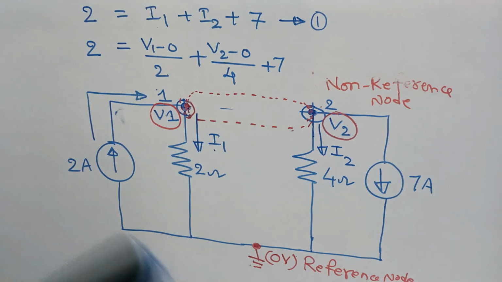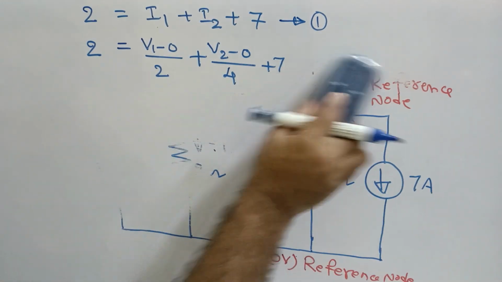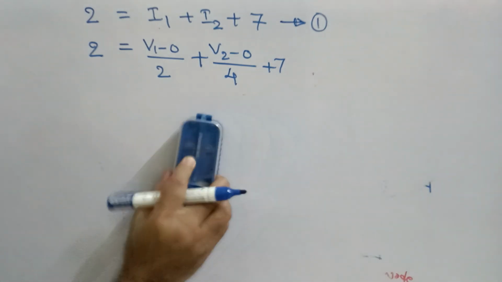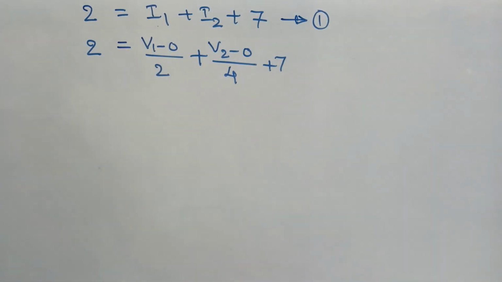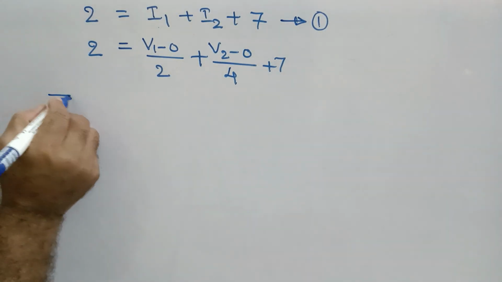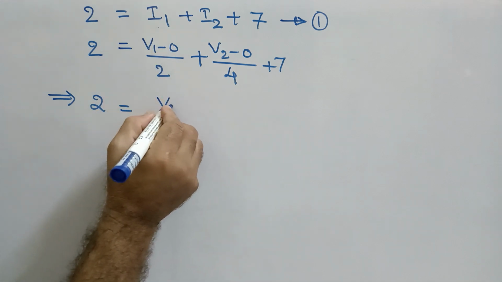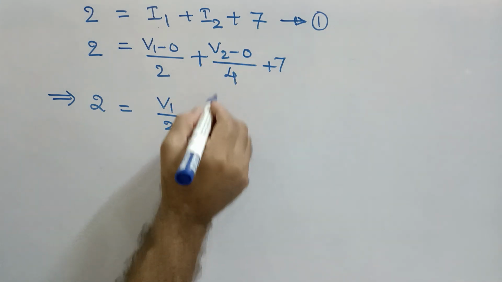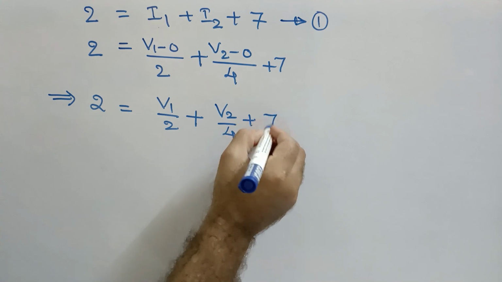Now I can erase this circuit because I do not need it for simplifying the expressions, since I already have the equations which I require to solve this. Therefore you can write 2 is equal to (V1 minus 0) by 2, nothing but V1 by 2, plus (V2 minus 0) by 4, nothing but V2 by 4, plus 7.